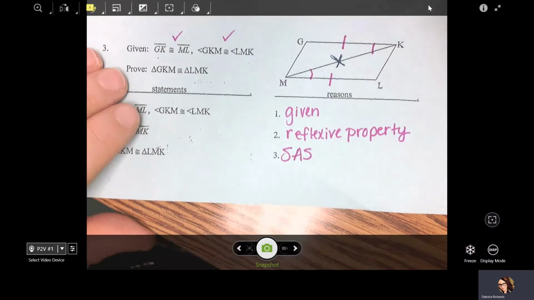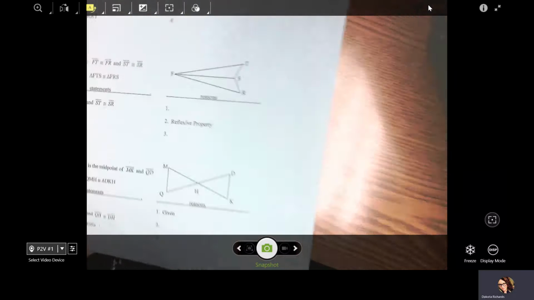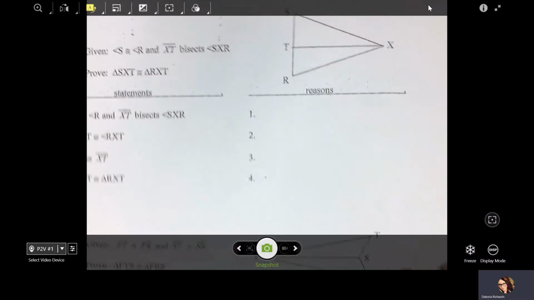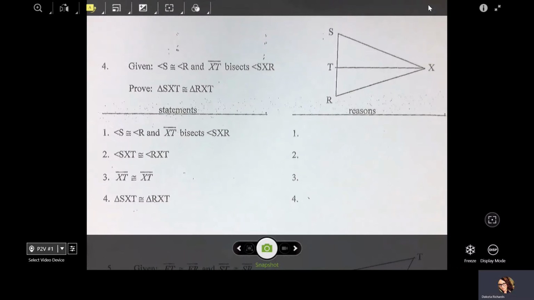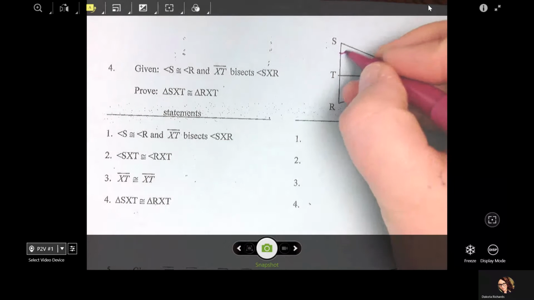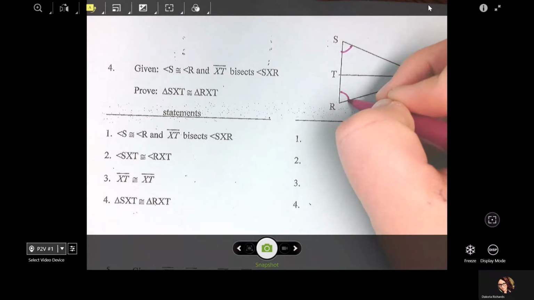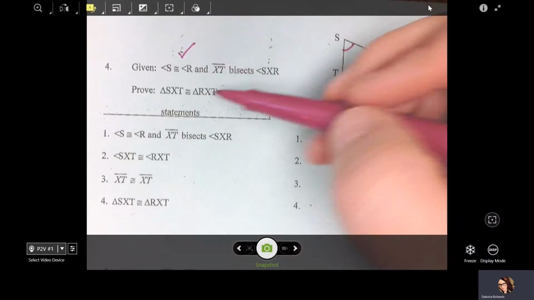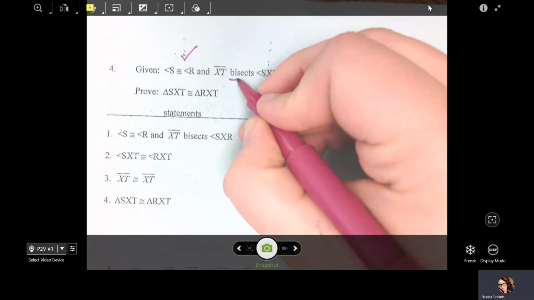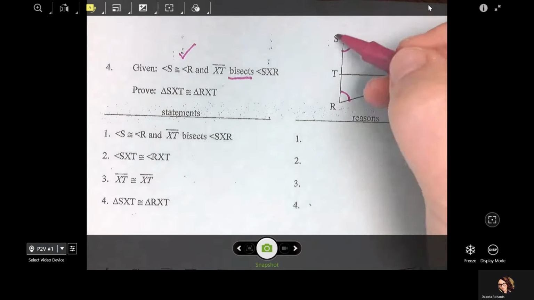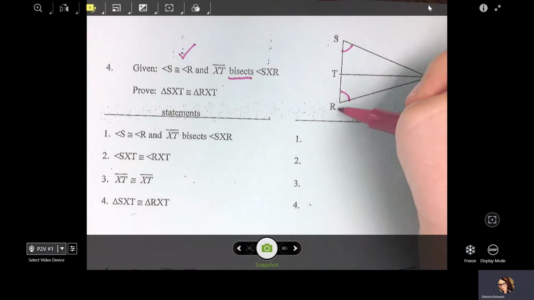Okay. Number 4. Here we go. Given angle S is congruent to angle R, and XT, careful with this word, bisects SXR.